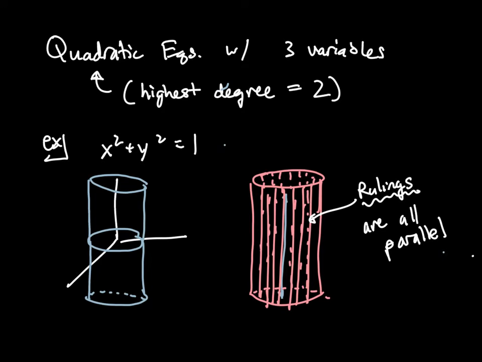Now, we call this a cylinder, but the more technical term for this is a circular cylinder, because there are other kinds of cylinders. Let's see another example. For this example, let's graph the equation x squared minus 2y minus z plus 1 is equal to 0.